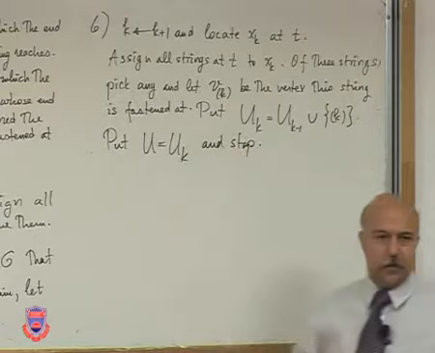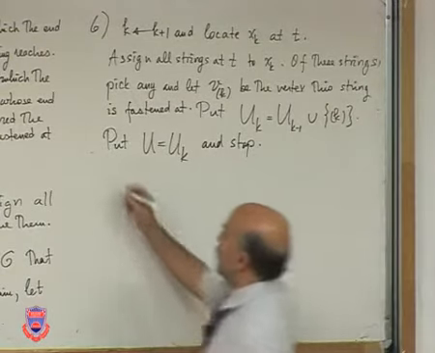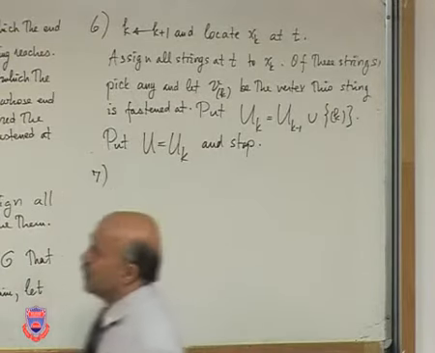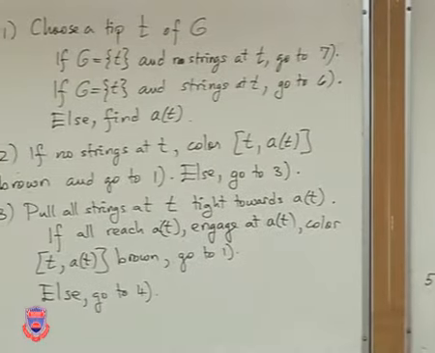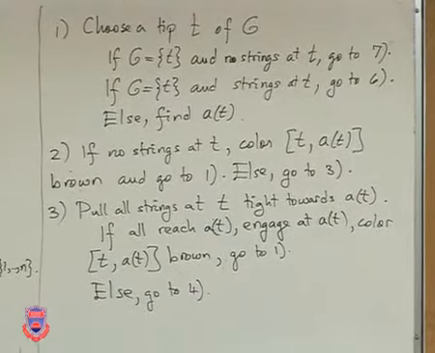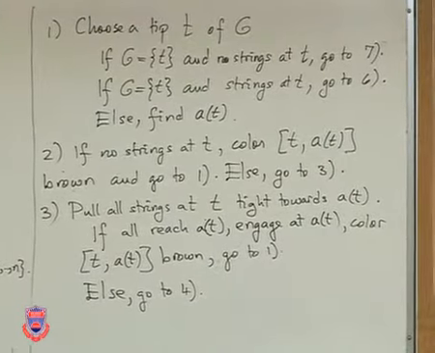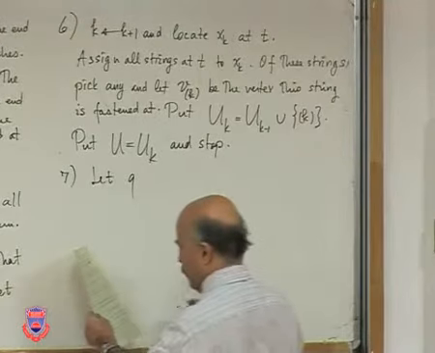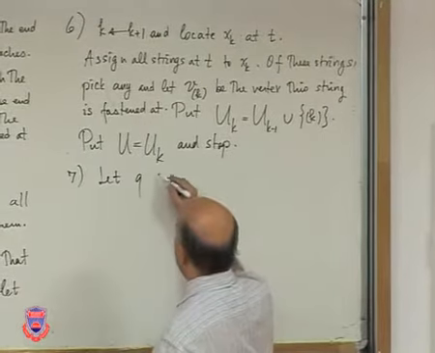Okay, that's a termination step, and so we need to put that one. Step 7 is the step which you arrive at from a special case in step 1. There are no strings at T. In that case, we let Q be the last value of k.